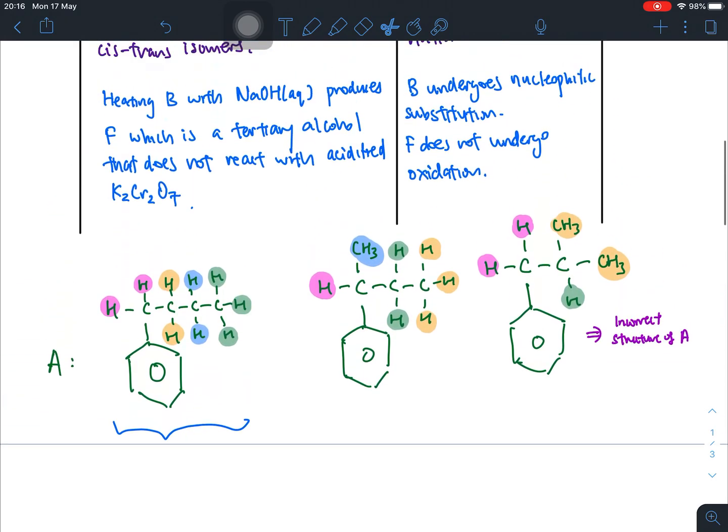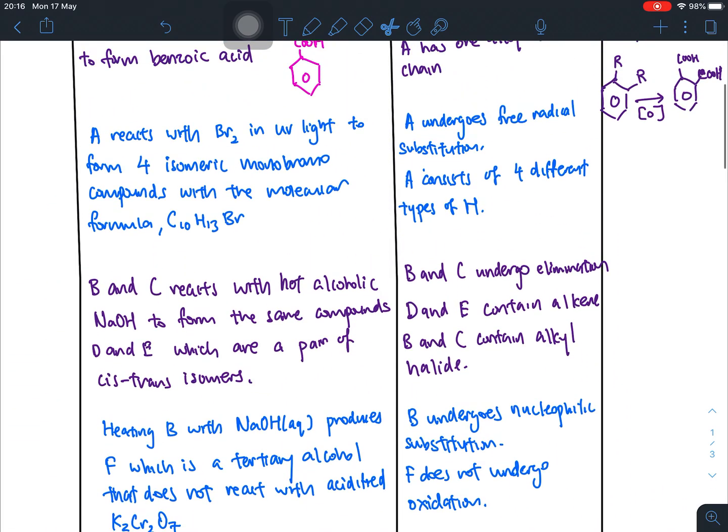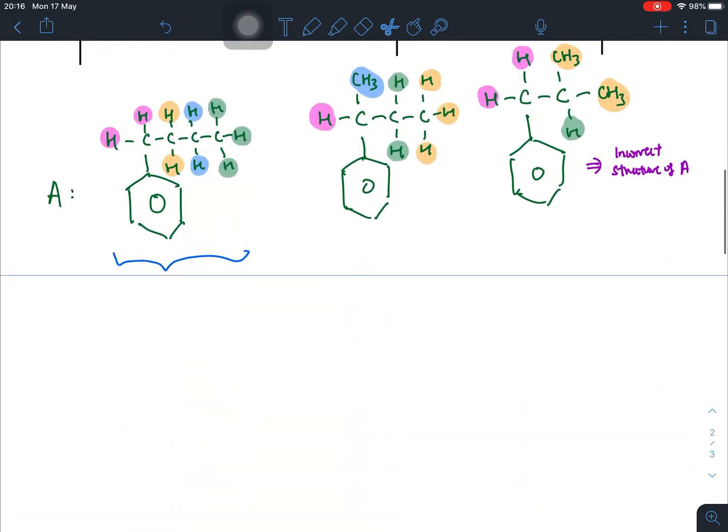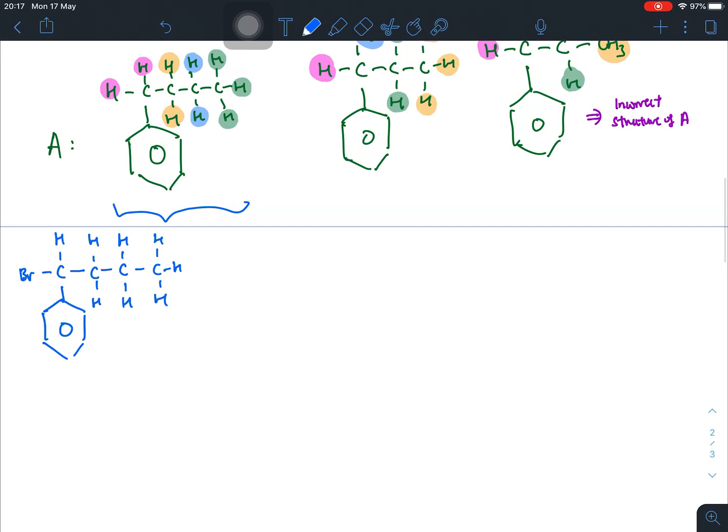Okay, so if A undergoes free radical sub with Br2, it's going to form 4 different compounds. So I'm going to draw each of them. Okay, the one in pink, when it's substituted, this is what you're going to form with free radical substitution. Okay, the one in orange is going to form something similar as well.